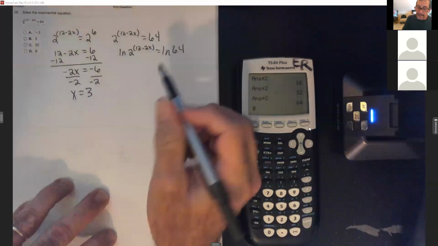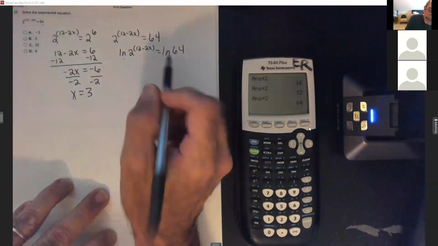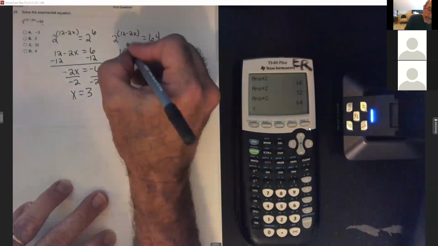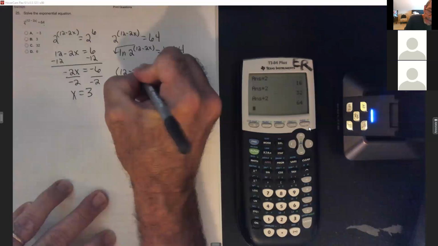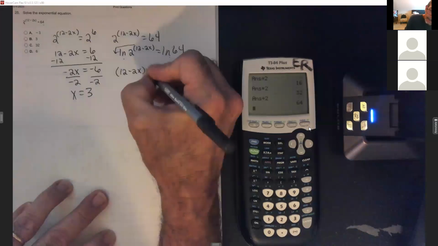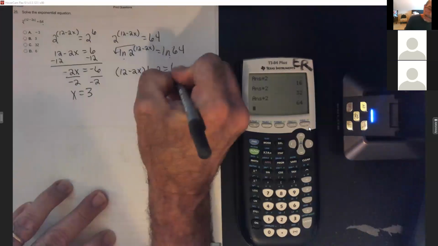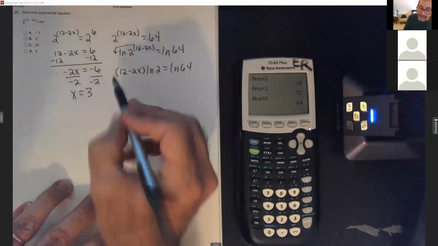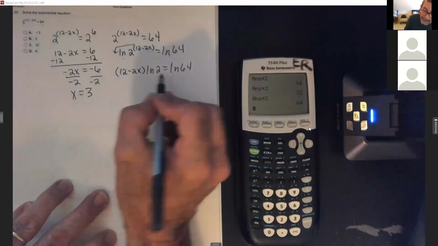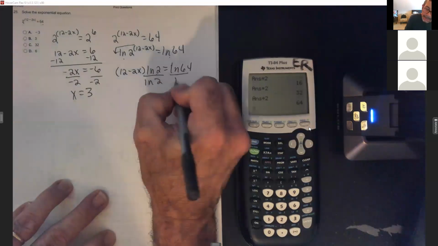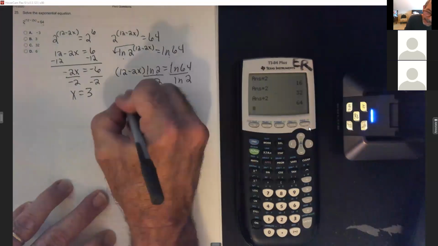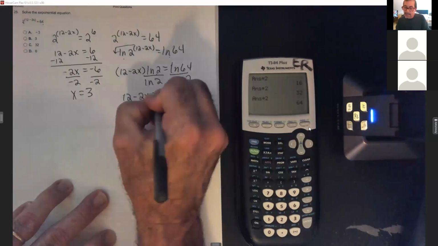Since I did an ln to this side, I do an ln to that side. What that does is bring that exponent down. Now to solve that for x, since this is all being multiplied by that ln 2, we're going to divide both sides by ln of 2, so let's see what this side equals.